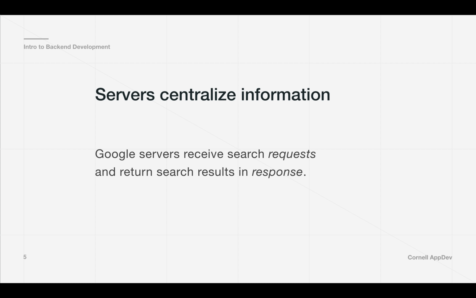For example, the servers that Google has receive search requests and return those results in a response. So if you went to google.com and you searched, what is backend, right? You'd get a response back. And so we can generalize that by just saying servers receive requests and return those results as a response.